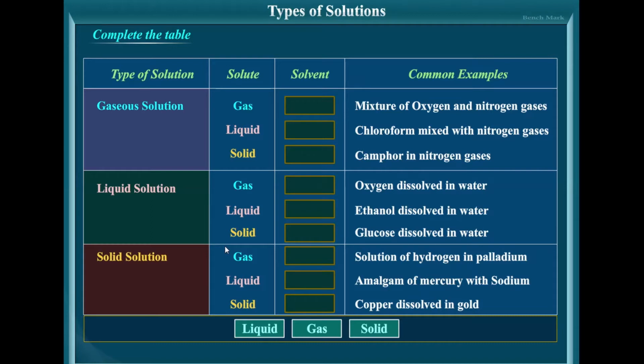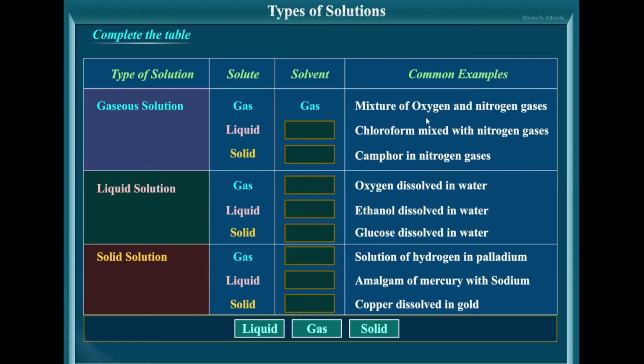Here there are different types of solutions that you can see. A table is given here. The columns are types of solutions, solute, solvent, and common examples. First, gaseous solution. The first example given is a mixture of oxygen and nitrogen gas. Both are gases, so the solute is gas and the solvent is also gas.